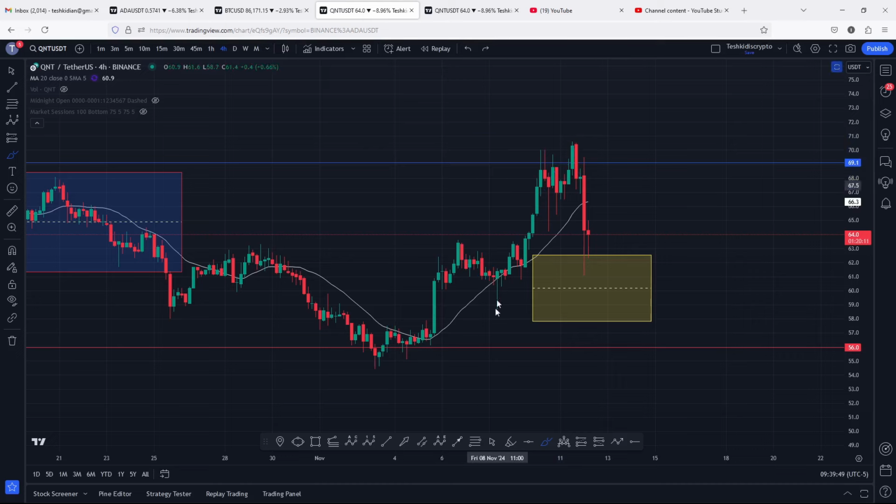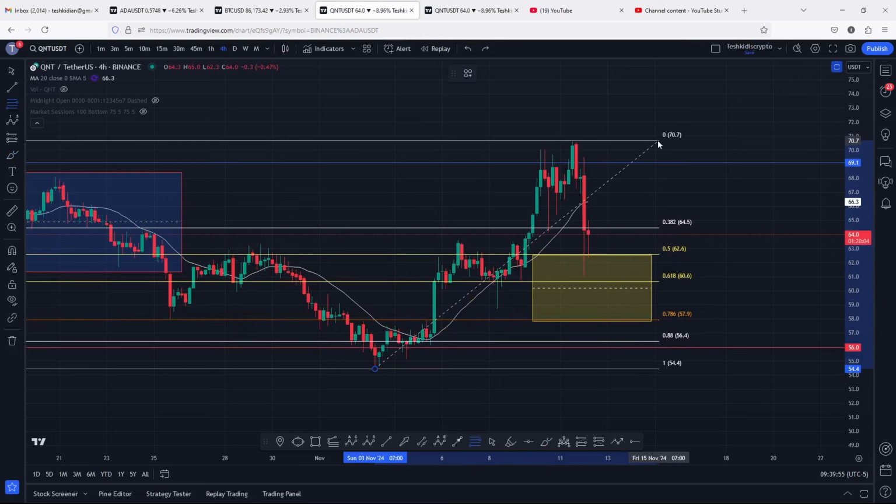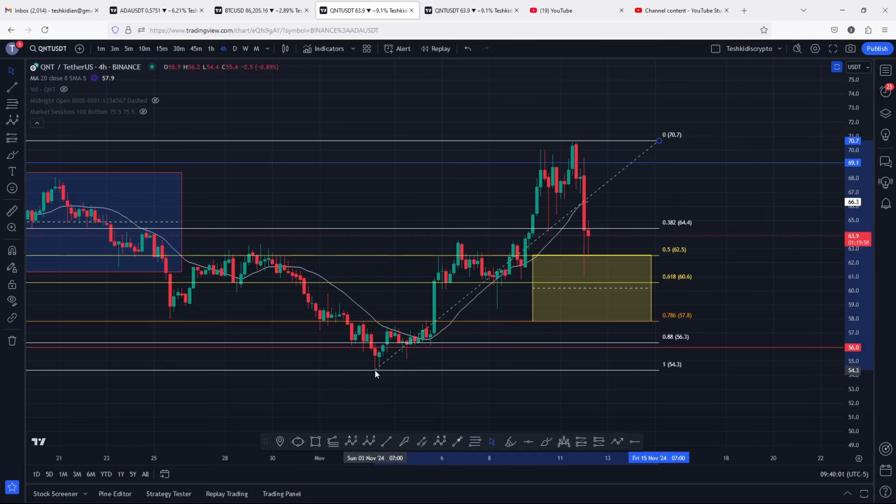Using the Fibonacci, connecting the fibs from the low that we made on the 3rd of November to the high above the $70.7, we can get a minimum retracement area for this corrective structure that is playing out at the moment between the fib level 0.5 and the fib level 0.78 as a maximum, and that target area lies between the $62.5 and the $57.8, which is the area that I have marked here on the charts.